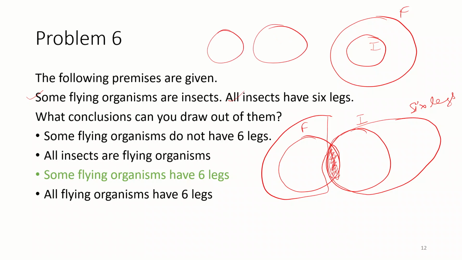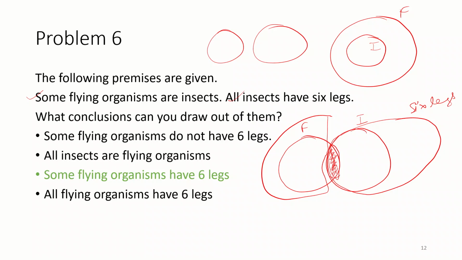If you look at the conjunction of F and I, the shaded one, it is saying that there are some flying organisms which are insects. And the way you have drawn the 6 legs, some portion of that circle is also there.